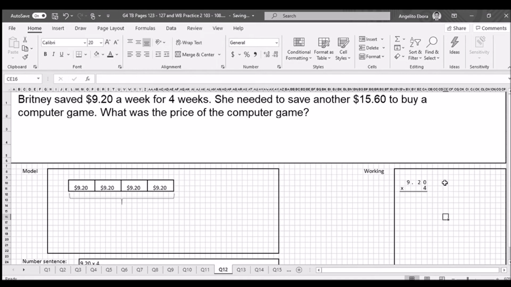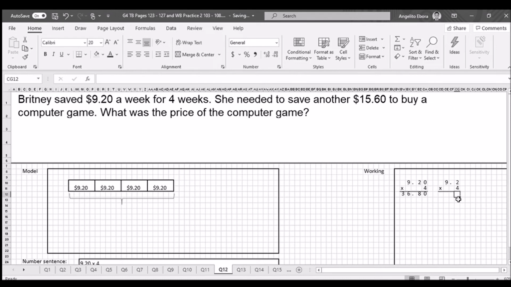Okay, it's also the same thing as 9.2 times 4. Okay, I'll show you two methods or two ways. Okay, so 4 times 0 is 0, 4 times 2 is 8, and then the decimal point, 9 times 4 is 36, $36.20.